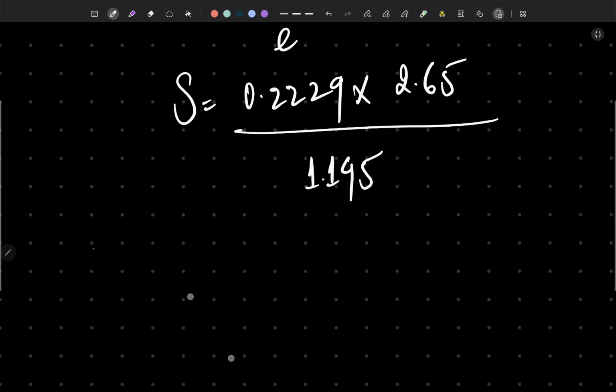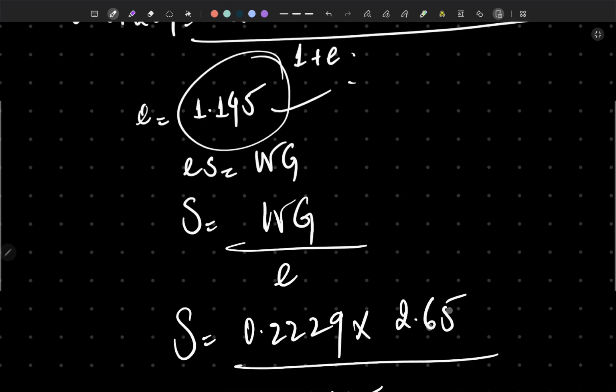By calculation, degree of saturation is equal to 51.58%. So this is how we solved this question.